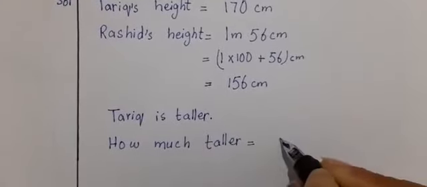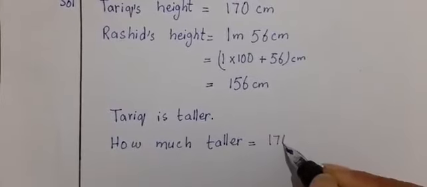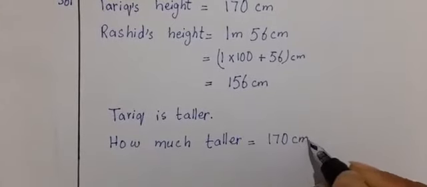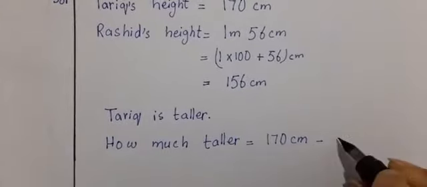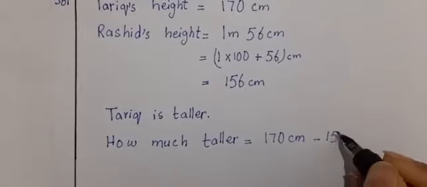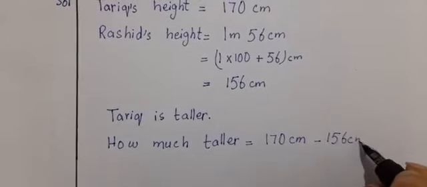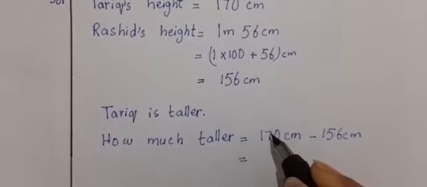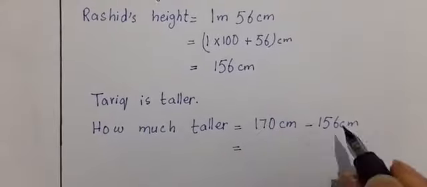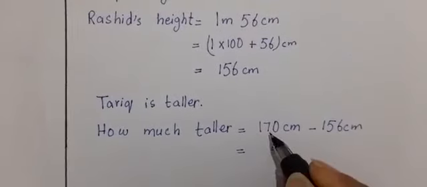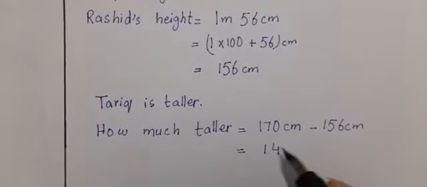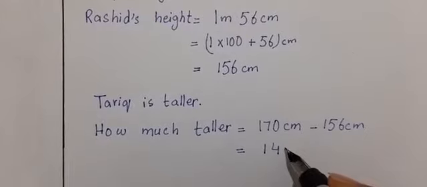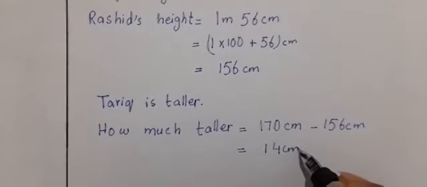What will we do? 170 centimeters minus 156 centimeters. So when we subtract 6 from 0, we cannot subtract. So we will borrow. 10 minus 6 is 4, and 6 minus 5 is 1. So 1 minus 1 is 0. It is 14 centimeters.